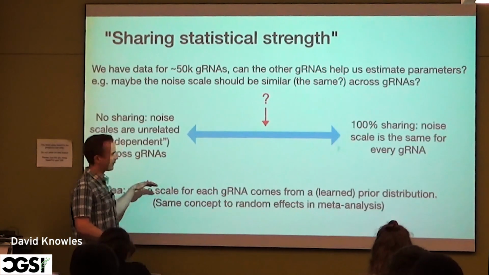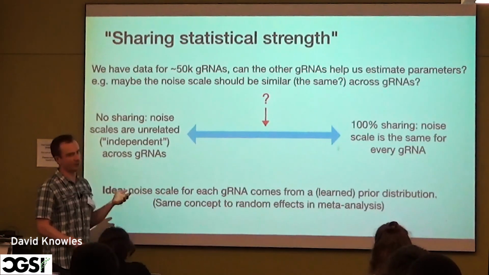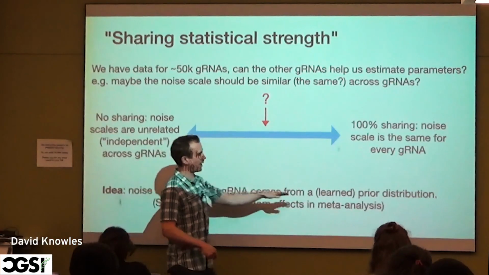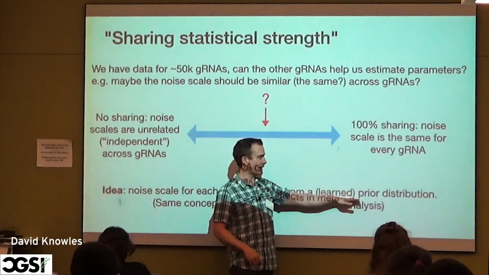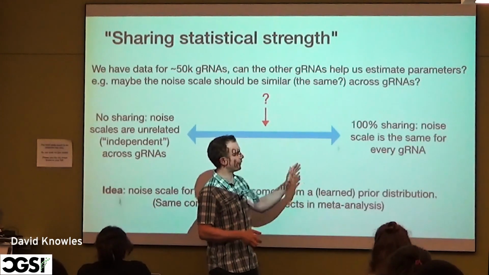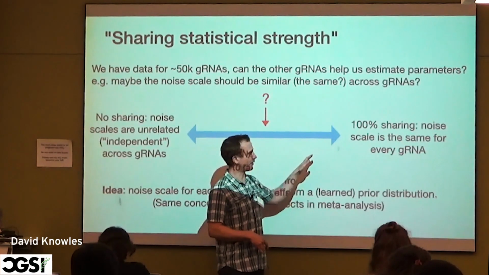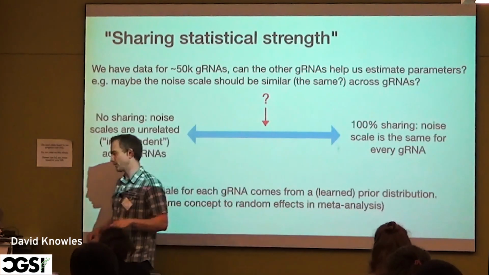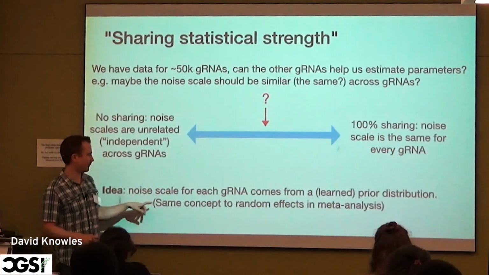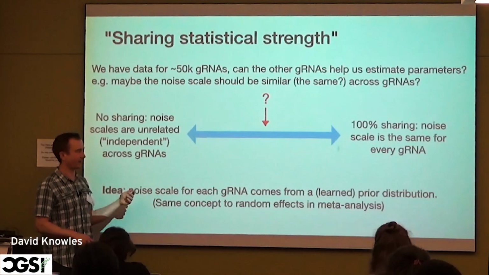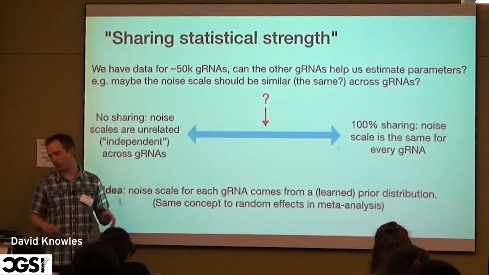If it seems like the amount of noise for each different guide RNA is very different, then the model can learn that this prior should have a very large variance. But if it seems based on the data that the noise variance is very similar across all the guide RNAs, then the model can learn that this prior has a very small variance. Just to point out, this is a very similar concept to having random effects in meta-analysis. So we're effectively meta-analyzing across different guide RNAs.